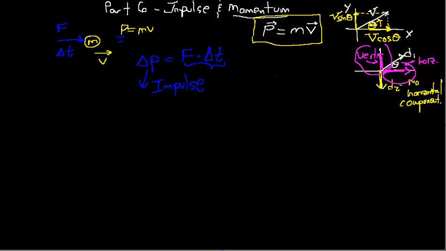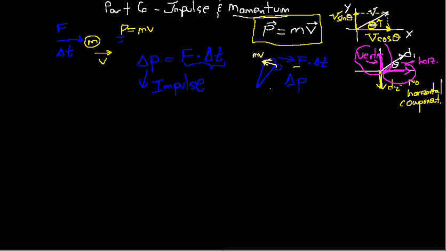So a baseball is coming at a bat. It's got a certain momentum, and now the baseball bat hits the baseball. It makes contact. There's a force exerted on the ball for some time, delta t, and that changes the momentum of the ball. And in fact, you see that's true, because at first the ball is moving in this direction with a momentum mass times velocity in this direction.